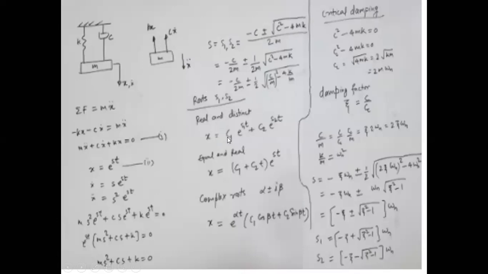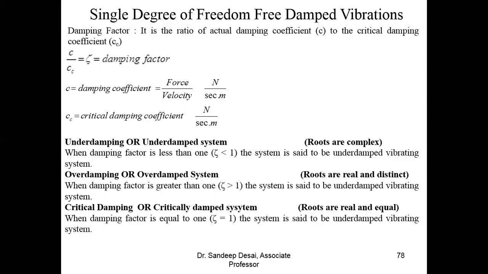Now it means that this equation has two roots, right? Now there are three situations. These two roots can be either equal and real, or real and distinct, or complex roots. Depending upon that, let us come back to this slide again afterwards.